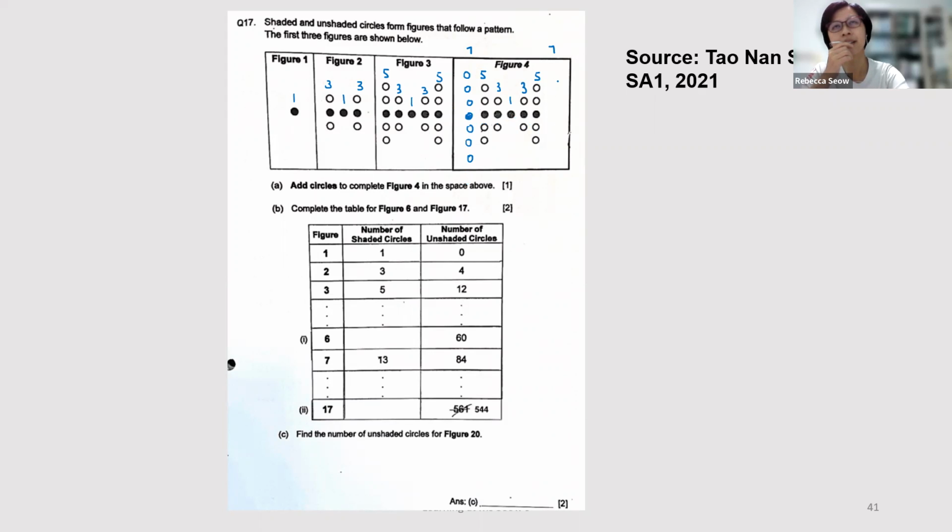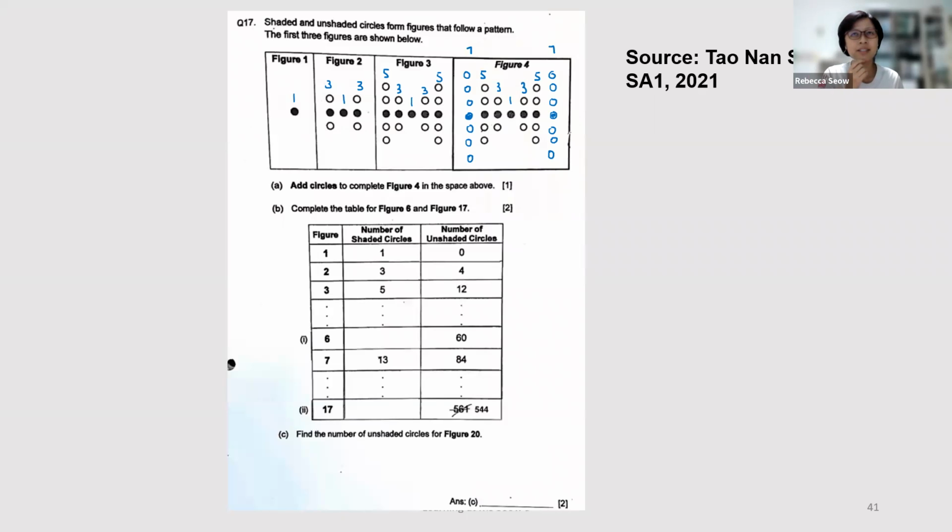Similarly, for the right-hand side, we will draw 7 circles. 1, 2, 3, 4, 5, 6, 7. And we shade the one that is aligned with the other shaded circles. So for our answer in A, this should be what it is. Now let's move on to B.